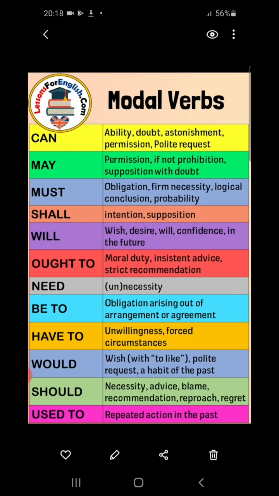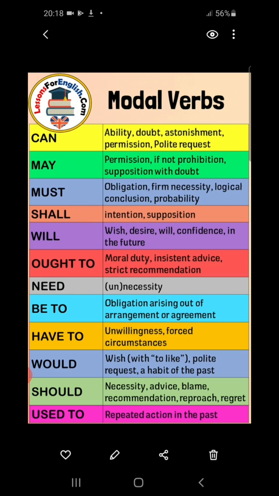Students, probability: when anything is probable or it is likely to take place. Next one, shall. Intention, supposition.